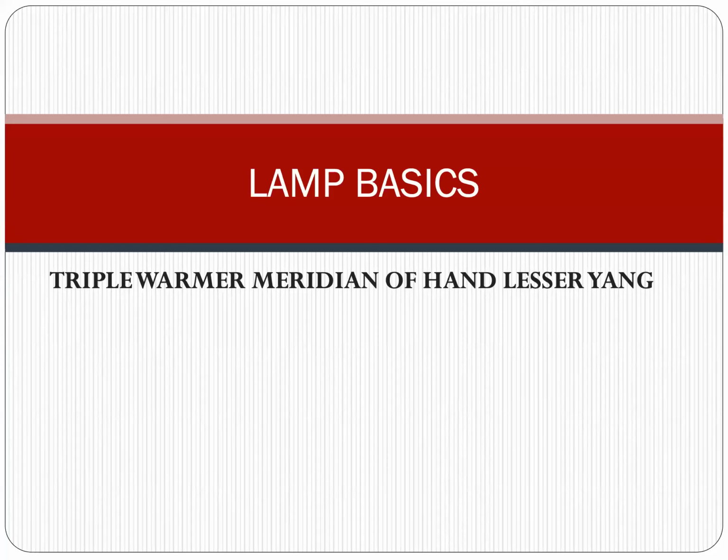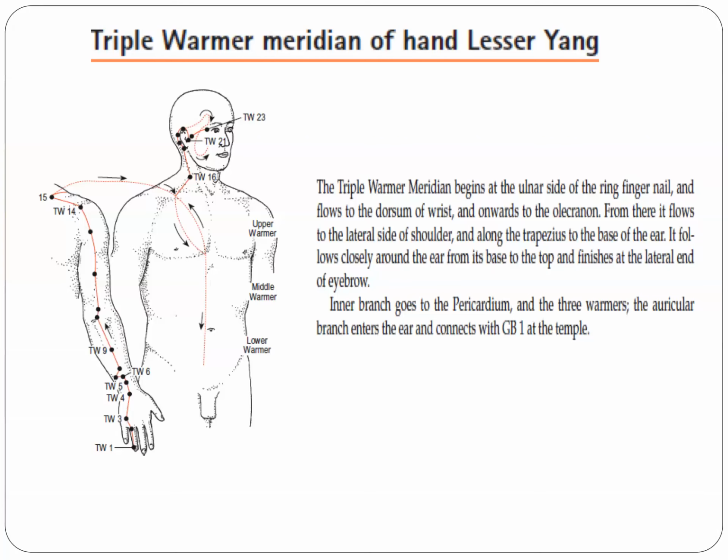Good afternoon again. We're on to the next topic on the meridian theory, the triple warmer meridian of hand lesser yang. The triple warmer meridian begins at the ulnar side of the ring fingernail and flows to the dorsum of the wrist and onwards to the olecranon, or the tip of the ulna.